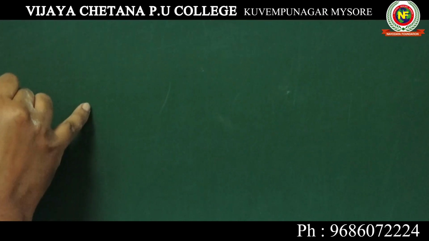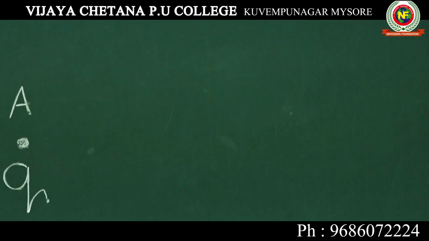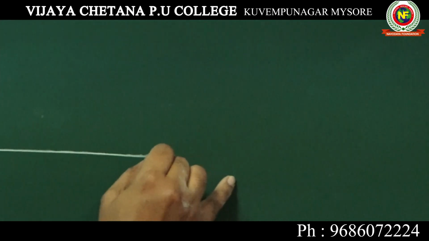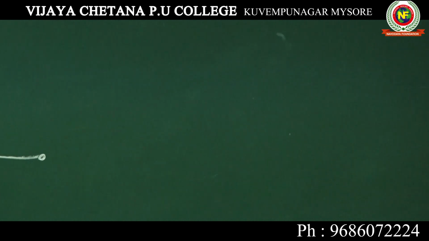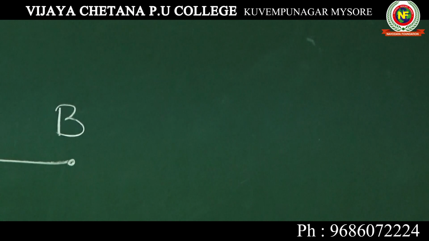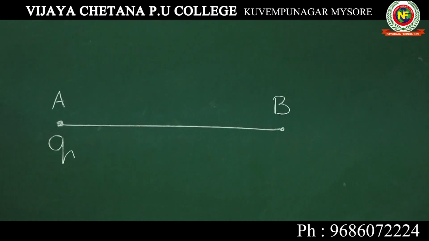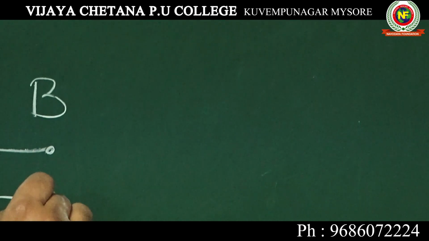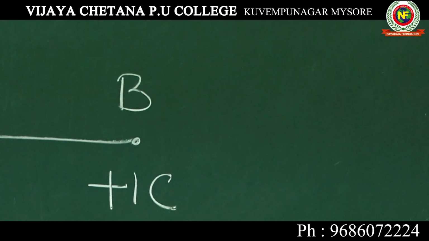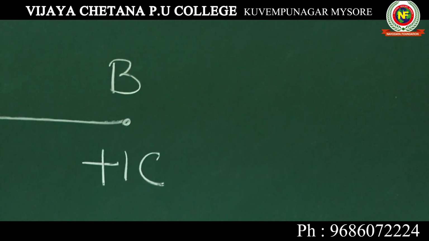Charge placed at the point A, fixed onto its position. Now, I want to measure the electric intensity somewhere here at the point say B. To measure the electric intensity, you must first keep a +1 coulomb charge there. When you keep a +1 coulomb charge, it starts experiencing a force.